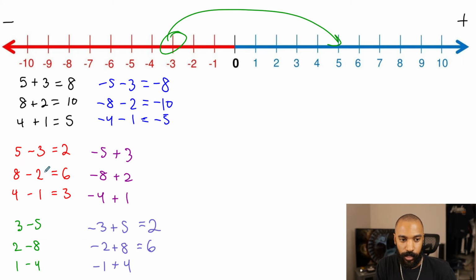Let's first talk about these 2 sets. When you have the positive number bigger, number 1, your result will be positive. Number 2, the result will also be a difference. It's like a subtraction. Difference is subtraction.